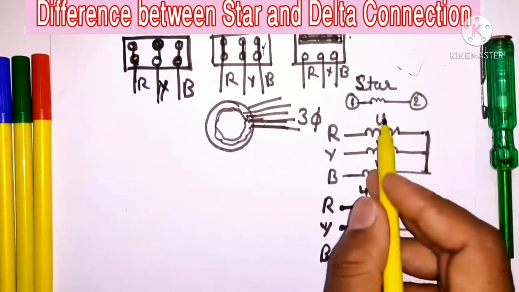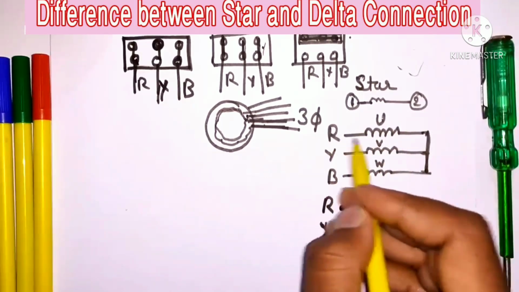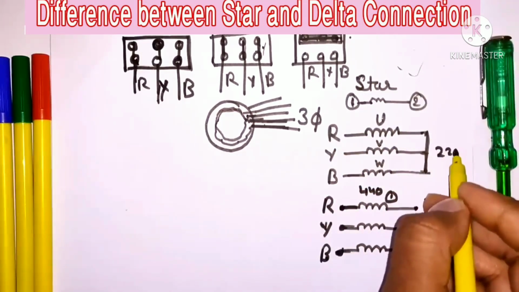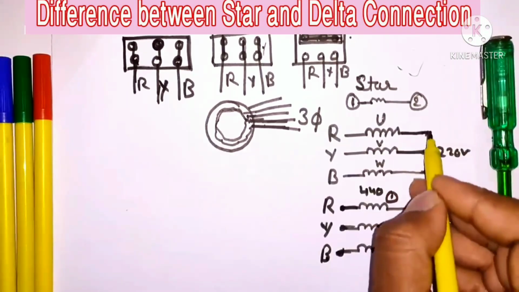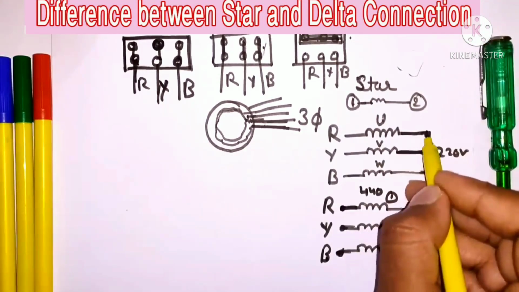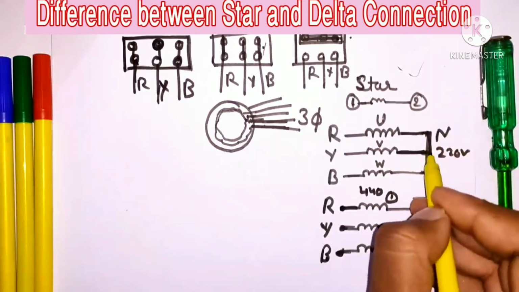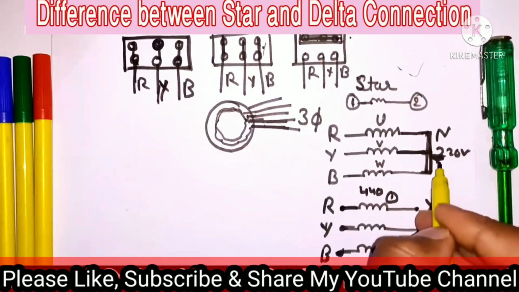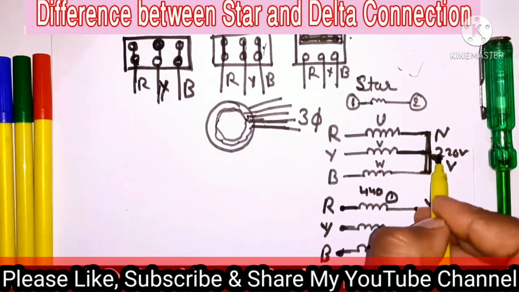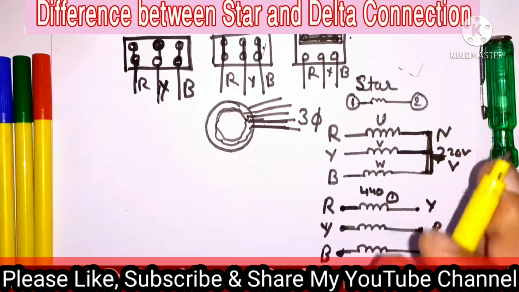In the delta connection, you can see there are 2 phases, R and Y, in one winding, Y and B in the second, and B and R in the third. It means with 2 phases, 220 plus 220, it is 440 volts. In the star connection we are using 220 volts and neutral.